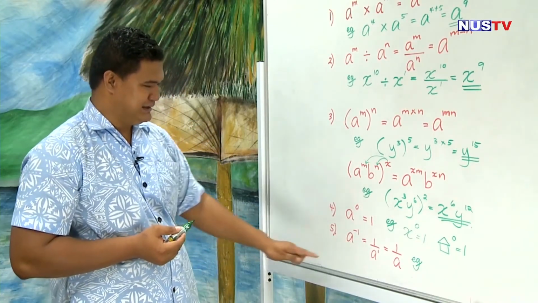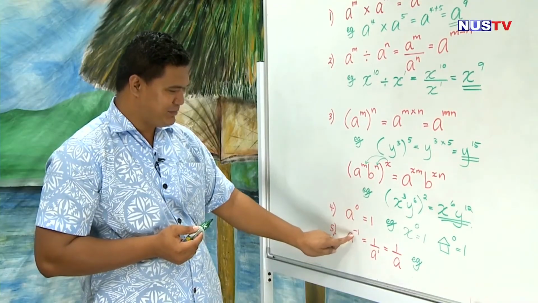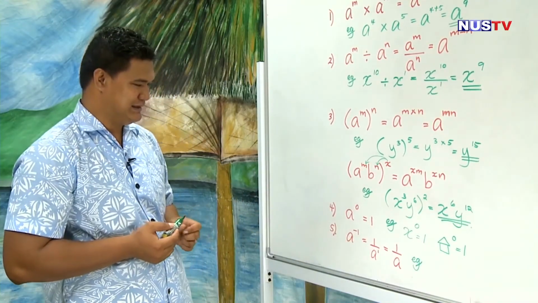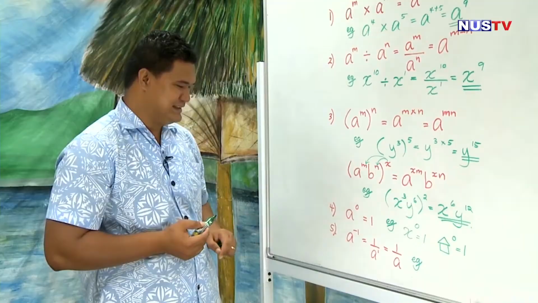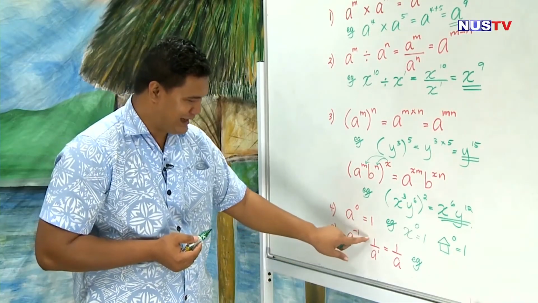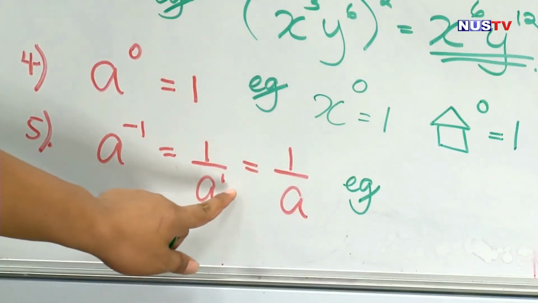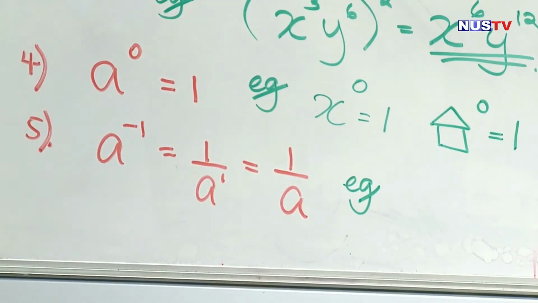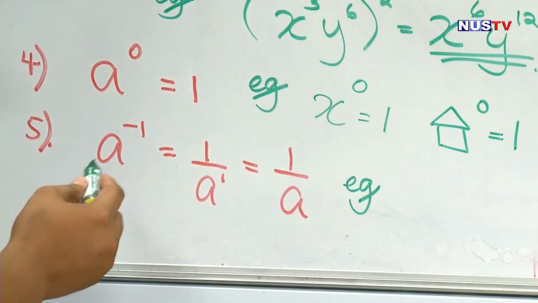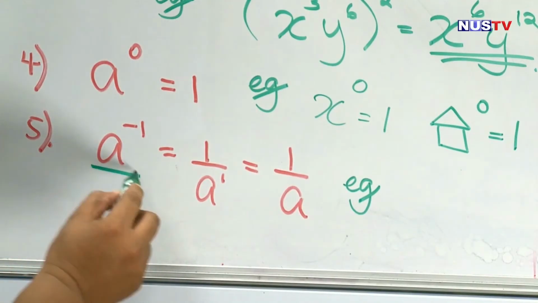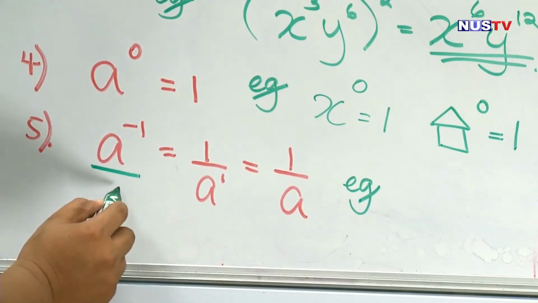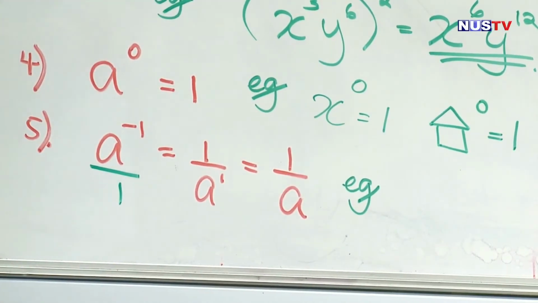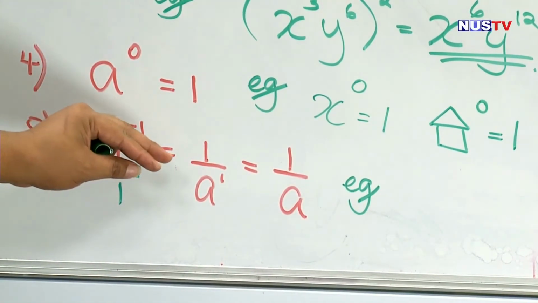The last one: we have a to the power of negative 1. That is equal to 1 over a to the power of 1. As you can see here, a to the power of negative 1 is the same as a to the power of negative 1 over 1. And then we are going to flip them.